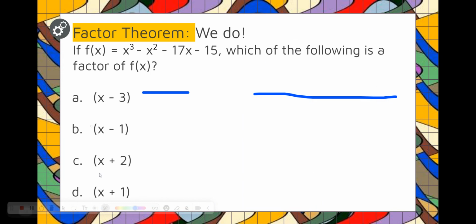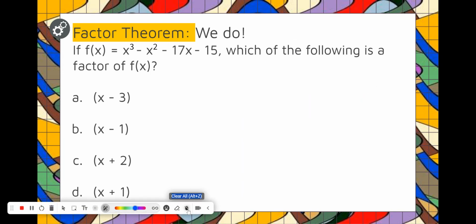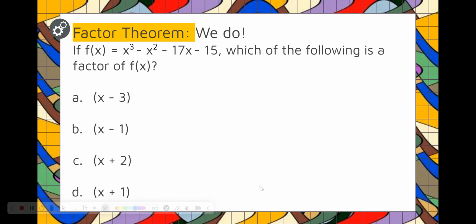I'll show you how not to use synthetic division, but instead use the trick of decimals. So, plug in the equation in line 1. It says, which of the following is a factor of f of x? Among these choices, if I'm taking the EOC, what I will do is plug this in decimals.